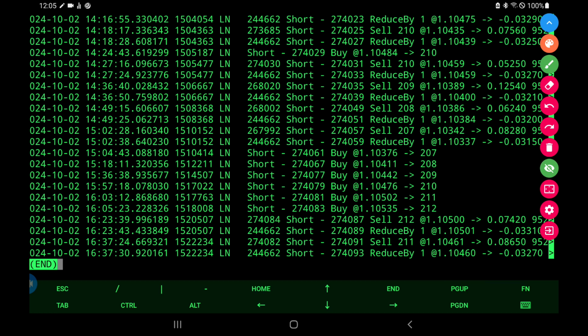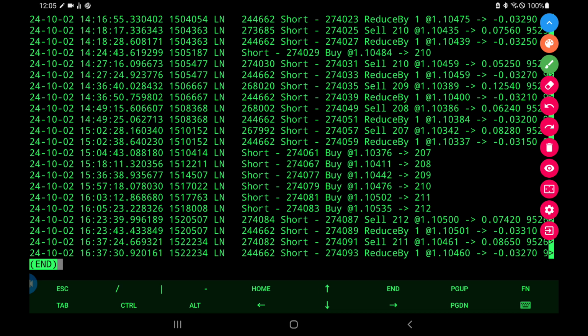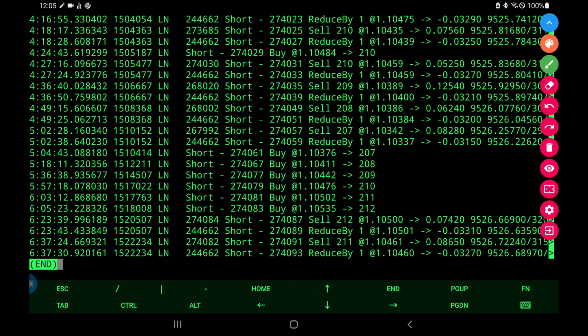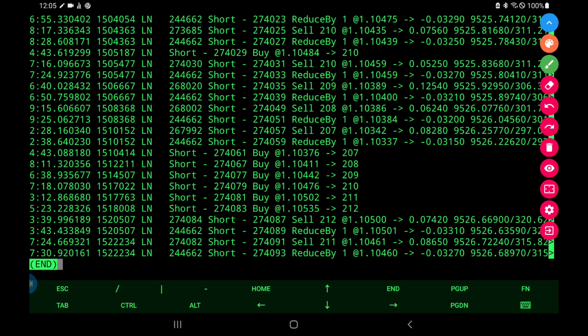But what stands out, let's slide this over a little bit. What stands out are the profits. For example, for this particular profit, I sold 212 units at $1.10, and I made 7 cents profit.